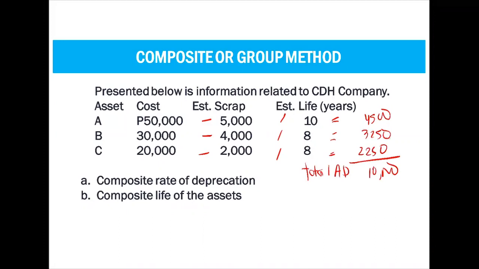So what is our next step? Our next step is to compute your composite rate of depreciation. To compute your composite rate of depreciation, what we need to get is your annual depreciation over the cost of the asset. So what is our composite rate of depreciation, guys? Kindly please compute.